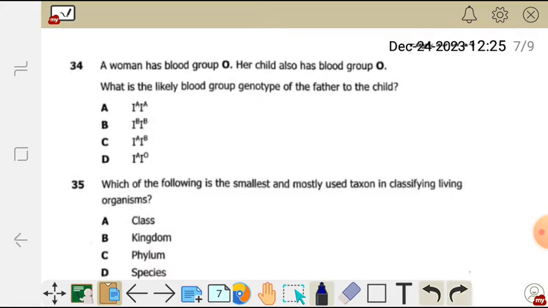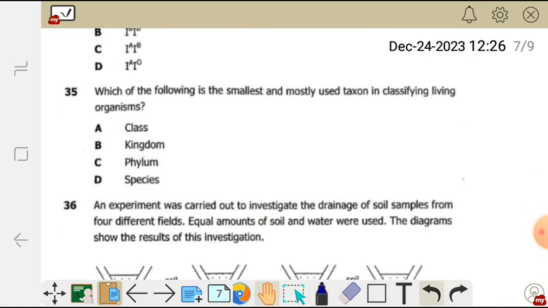For you to inherit blood group O, you must get an allele from the mother of blood group O and an allele from the father of blood group O. So in this case, the mother is already blood group O, so the father as well should have that gene or the allele for blood group O. So the correct answer is D. 35.